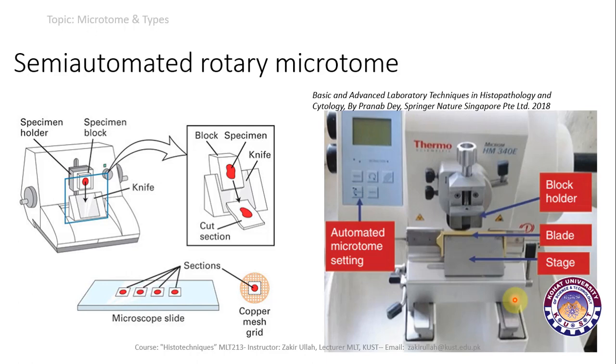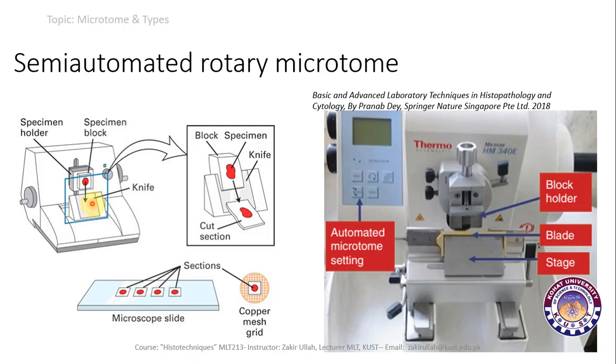This is a semi-automated rotary microtome. In the graphical diagram here we can see the specimen holder, and here a block containing the specimen is fixed.